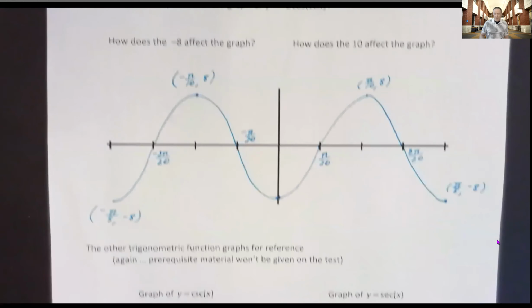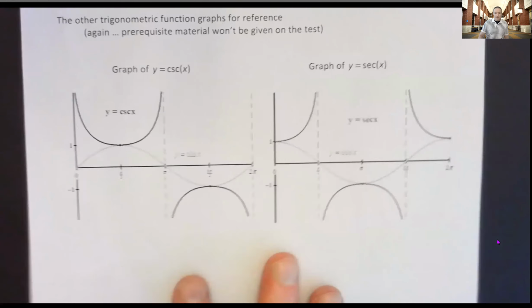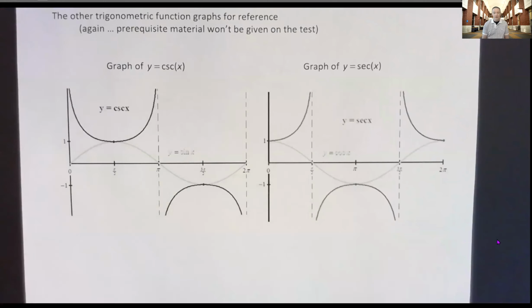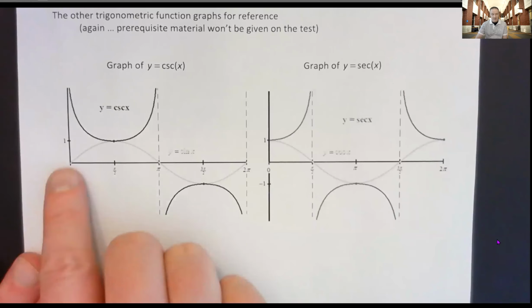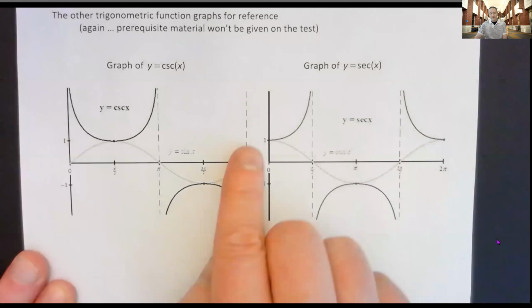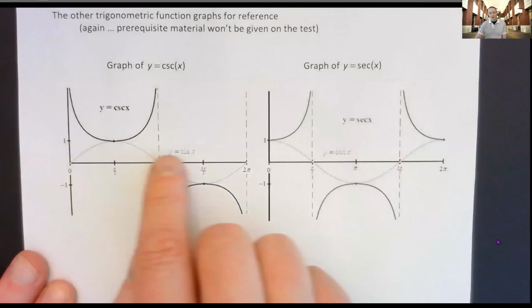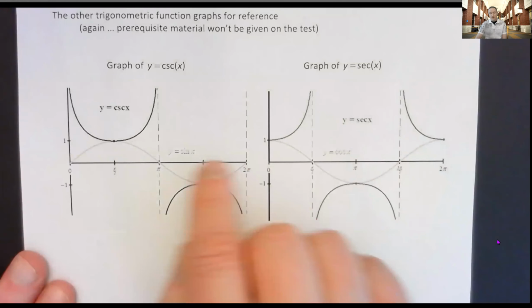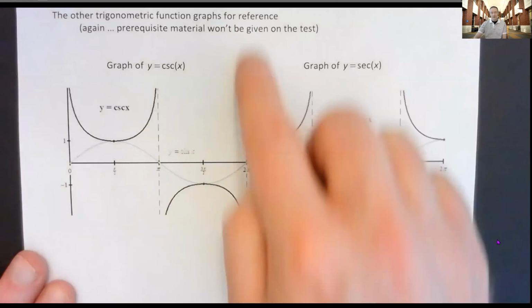Now, just looking at some other graphs, and you'll notice I don't have anything for us to do. They're already drawn out, both here and in your posted notes online. I'm wanting you to think about the graph of a cosecant function. It's just the reciprocal of the sine. So what I like to do is barely draw in the graph of a sine function and then say, well, wherever the sine function is 0, the cosecant is going to have vertical asymptotes.